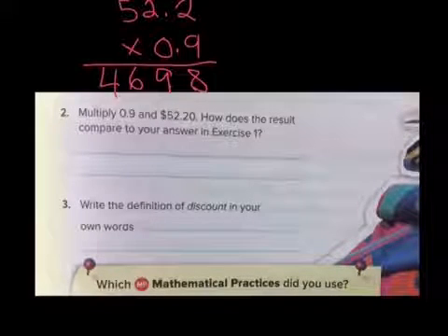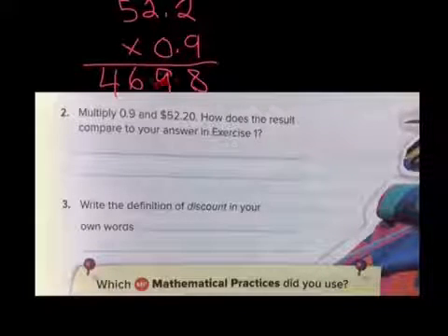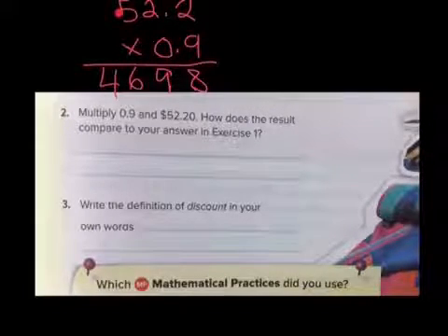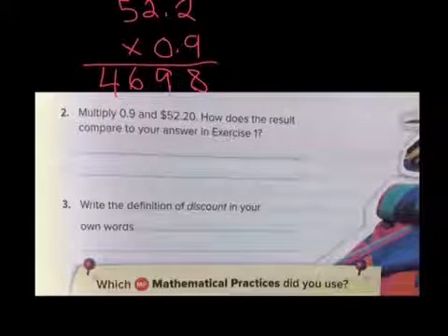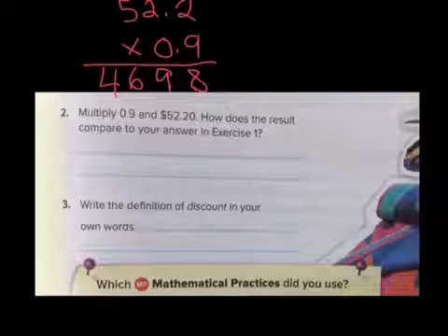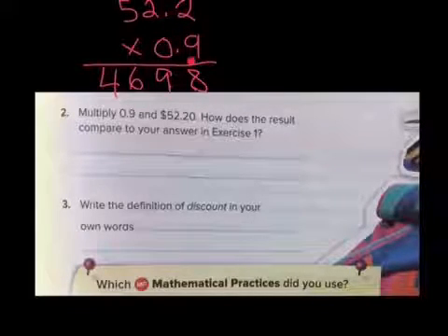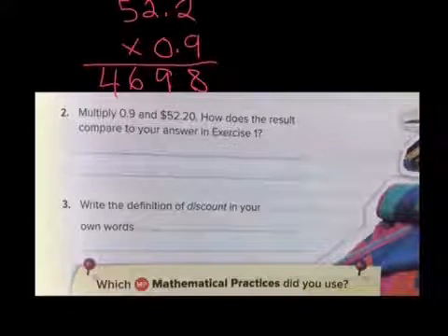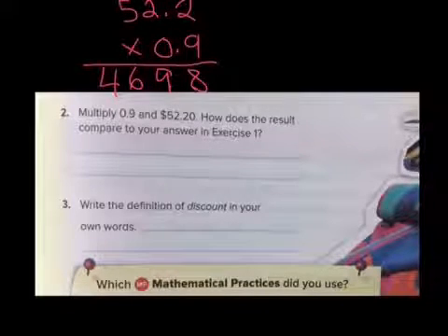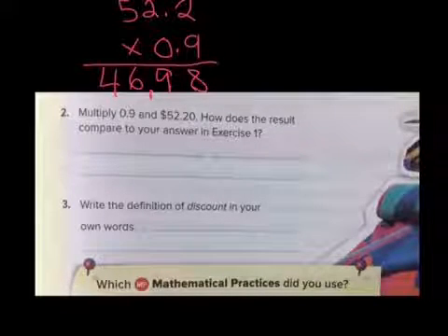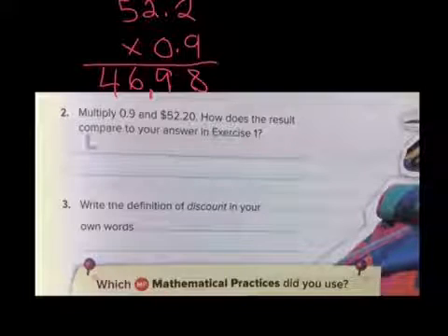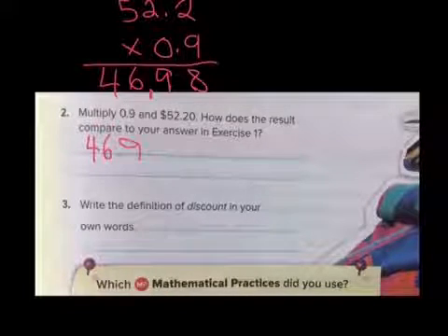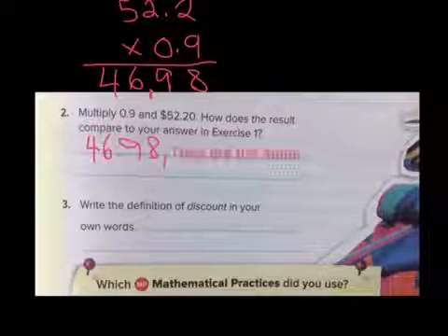When I multiply, I go 9 times 2 is 18, carry the 1, 9 times 2 is 18 again, plus the 1 is 19, carry the other 1, 9 times 5 is 45, plus the 1 that we were carrying is 46, so it's 46.98. The decimal goes right here because I have to jump 2 numbers to get back to the decimal. Remember, we go clockwise, and we see how many numbers we pass to get back to the decimal, from one place to the other. So 1, 2, and that's where our decimal goes, right here. So it's the same, 46.98.